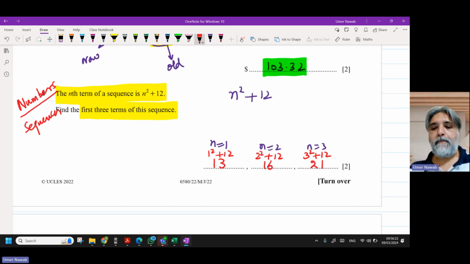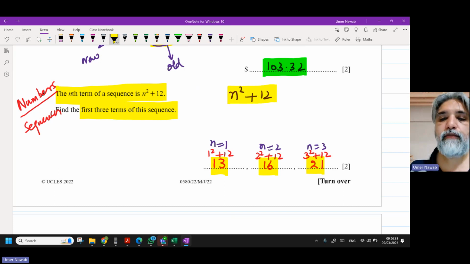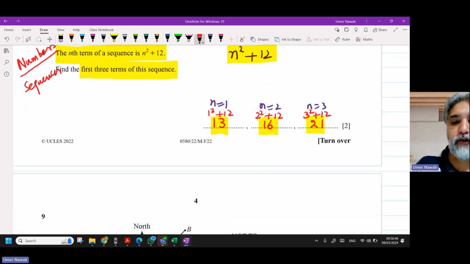Is it clear? So we found the first 3 terms of a sequence. Sometimes the examiner gives you the sequence and asks you to write down the nth term. But in this case, the examiner gave you the nth term and is asking you the first three terms of a sequence. I can find it for you.